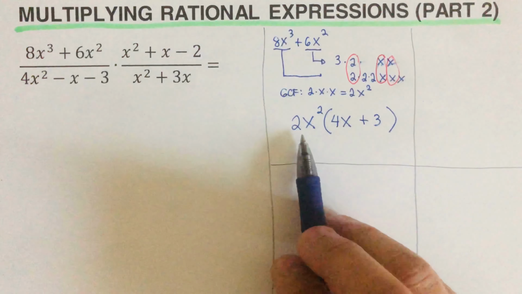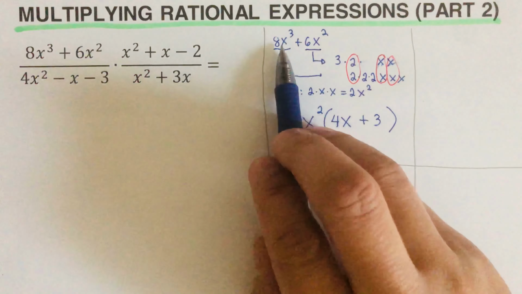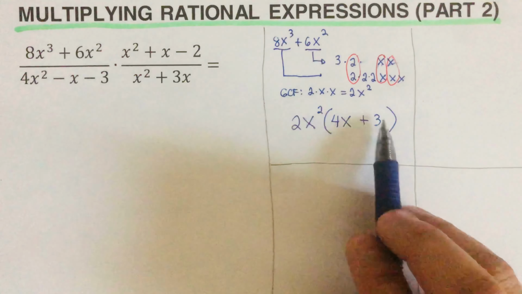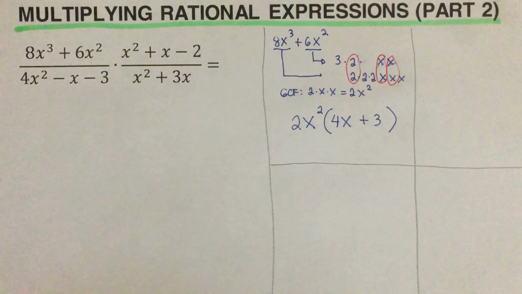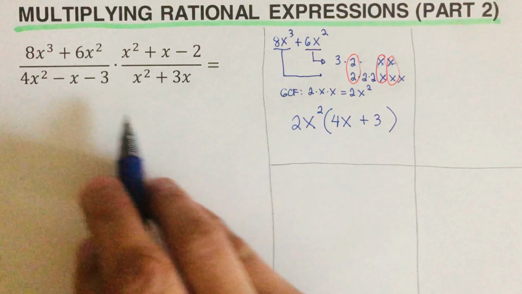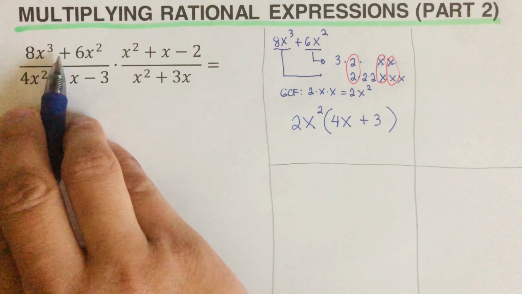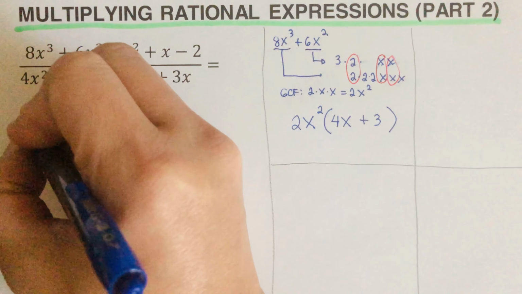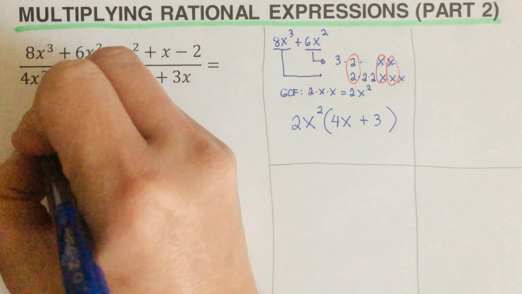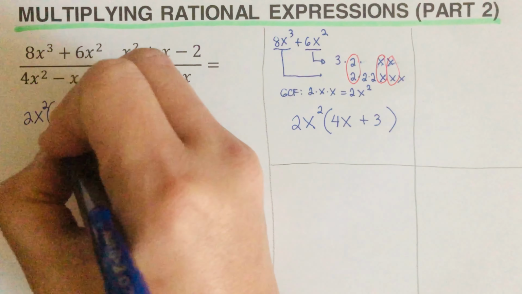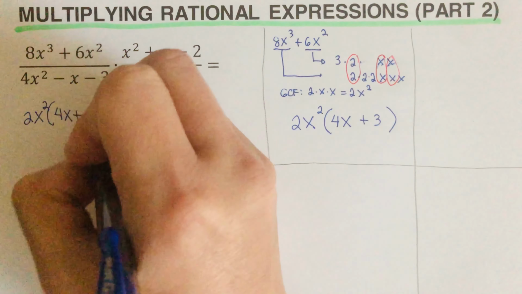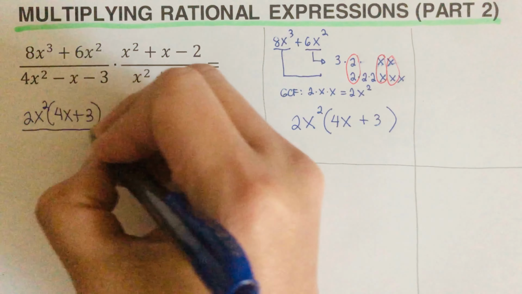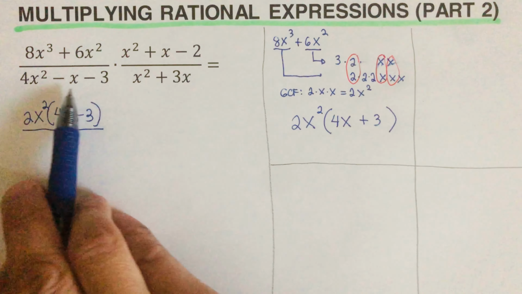So that if we multiply this, it would come out 8x cubed, and 2x squared times 3 is 6x squared. So we can say that this 8x cubed plus 6x squared is actually this. I can change that to 2x squared times 4x plus 3. So that's the numerator.